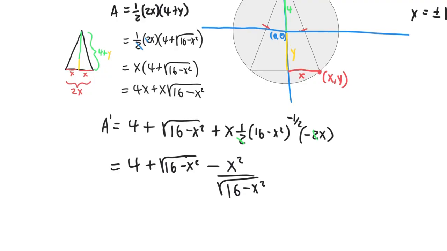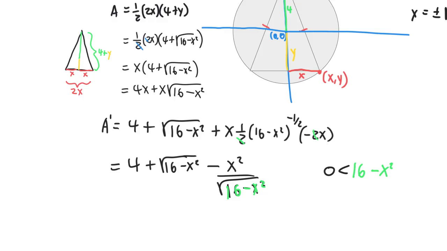So let's just pause there because the reality is we've got some domain restrictions to take into account for the derivative. We know that this 16 minus x squared thing has to be greater than 0, strictly greater than 0.